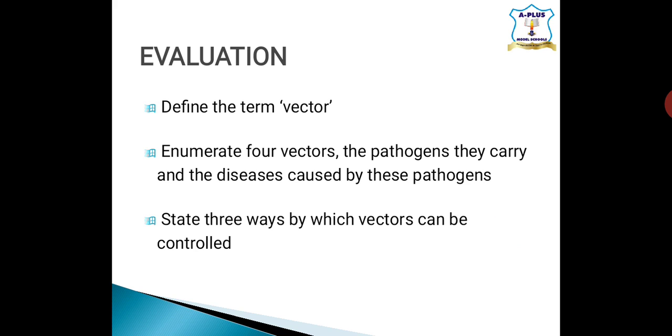That's why I said you need to get the notes attached to the last class. All these are inside the notes. State three ways by which vectors can be controlled. I think that's what we just finished talking about. So you should check these questions. If you cannot answer all of them, please go back and rewatch the video to have a better understanding.